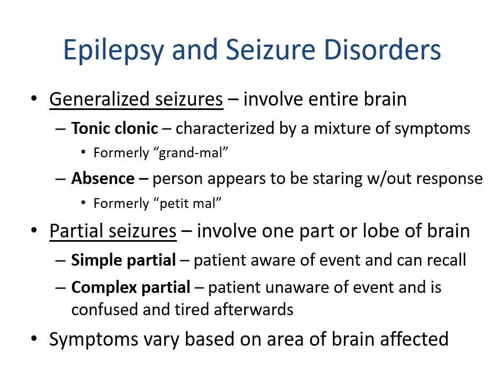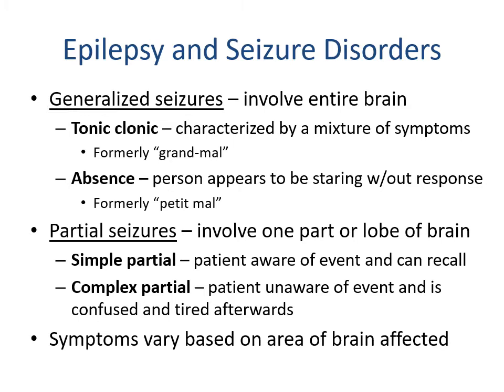An absence seizure is when a person appears to be staring without response, previously referred to as a petit mal seizure. Imagine an extremely severe and obviously dangerous form of daydreaming, where they're just staring off into space and locked. The brain is kind of figuring out what's going on. There's some electrical activity as things are short-circuiting, and then they'll snap out of it.